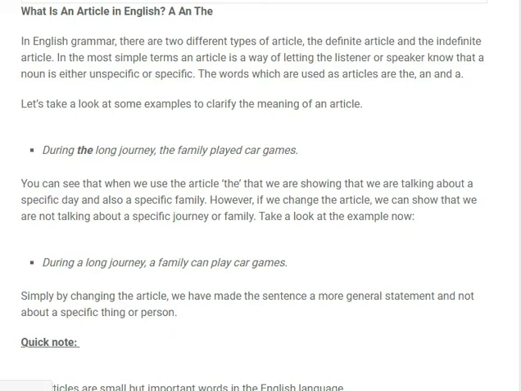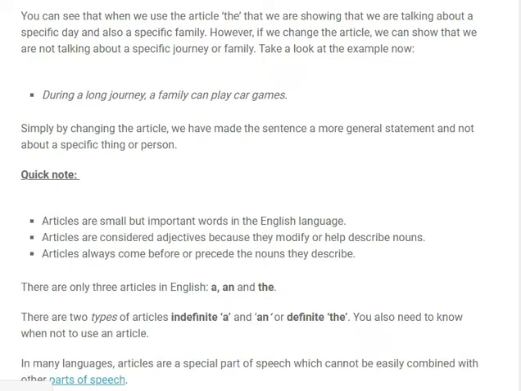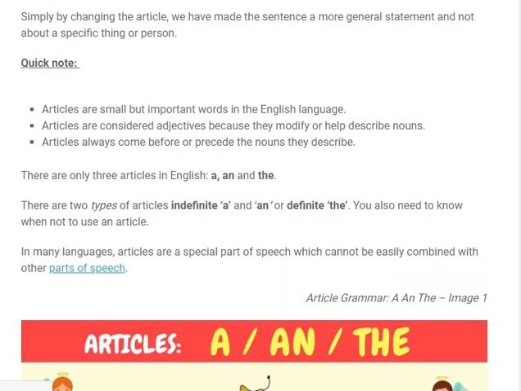Take a look at the example now. During a long journey, a family can play card games. So, simply, by changing the article, we have made the sentence a more general statement and not about a specific thing or person.